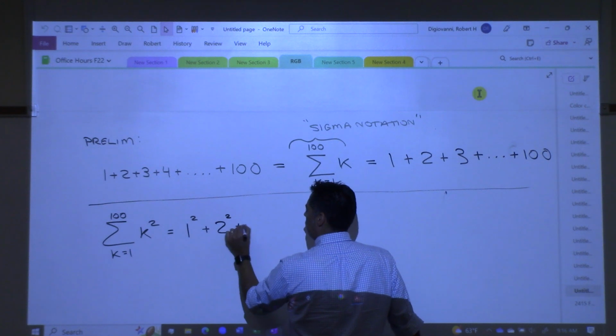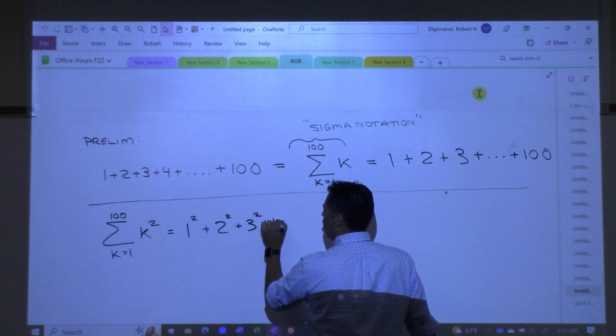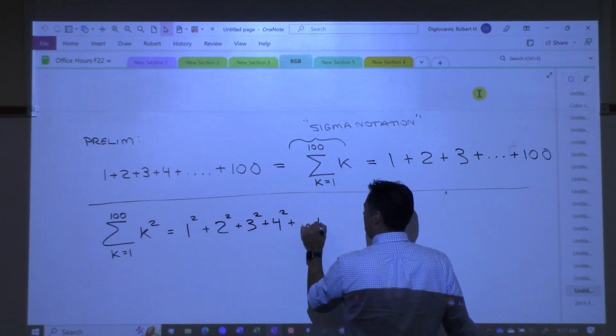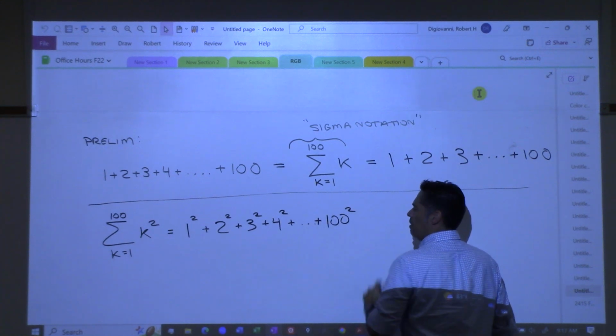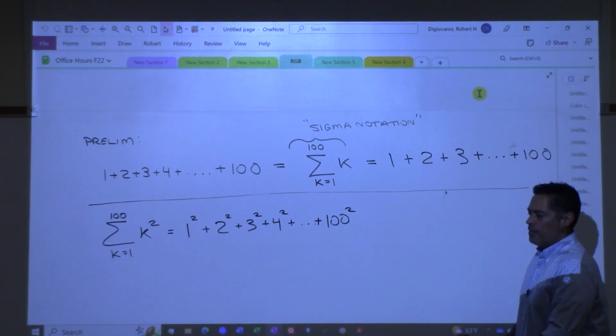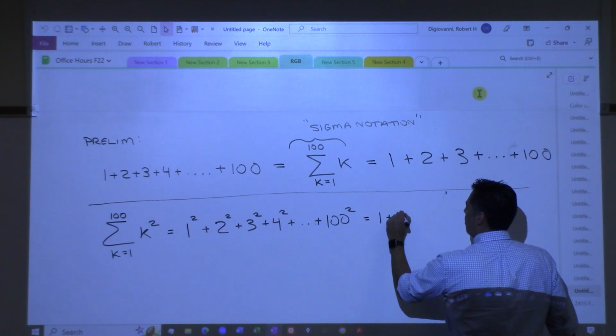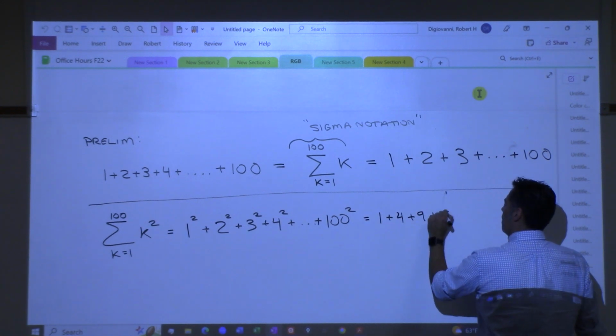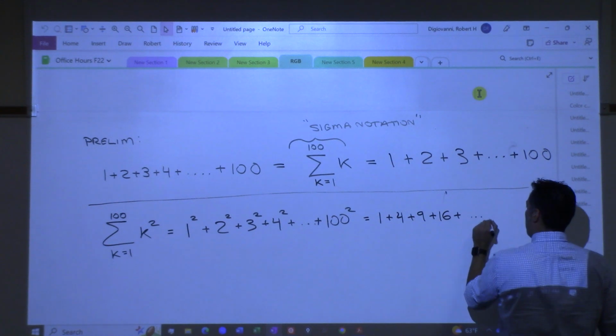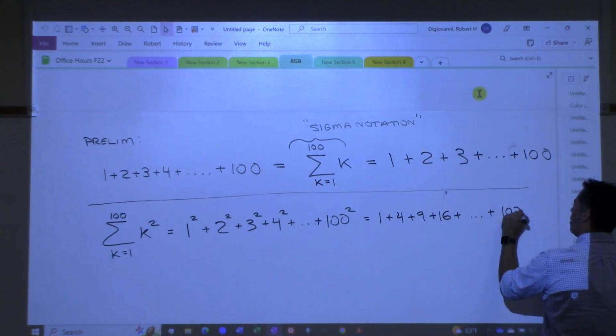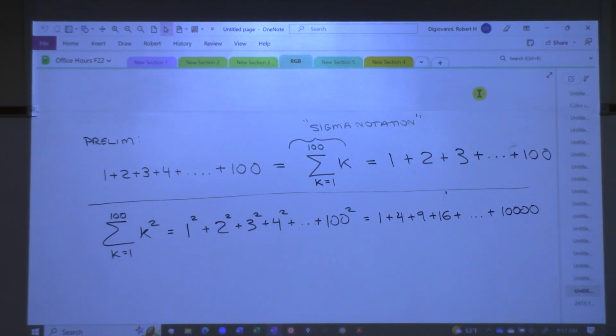And then 3 squared, and then 4 squared. And I keep doing that until I get to 100 squared, right? Which of course would be 1 plus 4 plus 9 plus 16 plus all the way until you get out to 10,000. Understand?